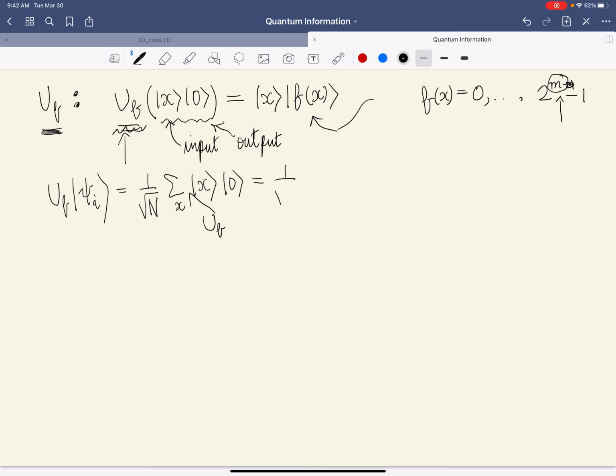Then by the idea of a superposition, the outcome will be the superposition of this sort of state, where every x state in the input cluster is accompanied by the f of x state in the output register. And then you sum that over all the possible input configurations with equal amplitude.